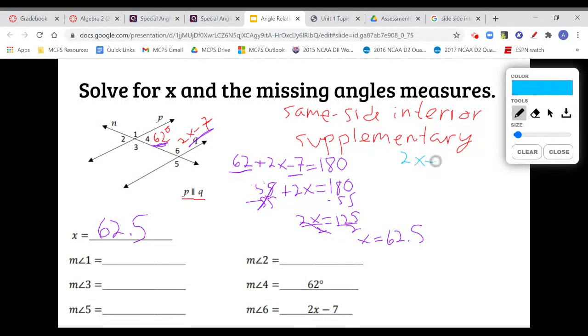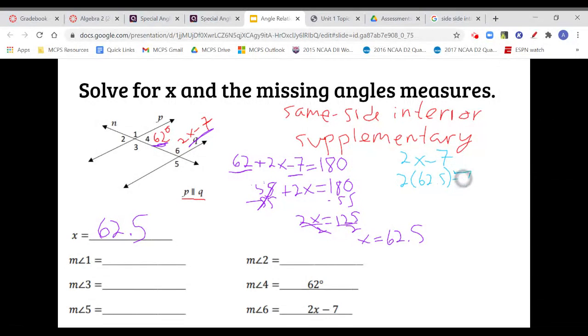So starting with 2x minus 7, I plug in 62.5. When I multiply that, I get 125 minus 7. And that tells me that this whole thing adds up to 118 degrees.